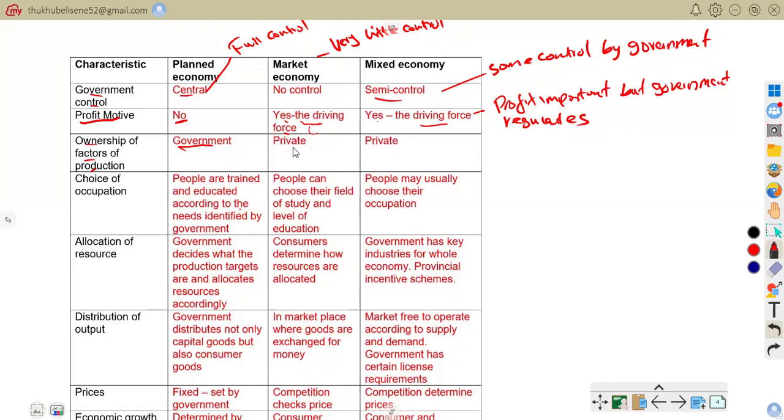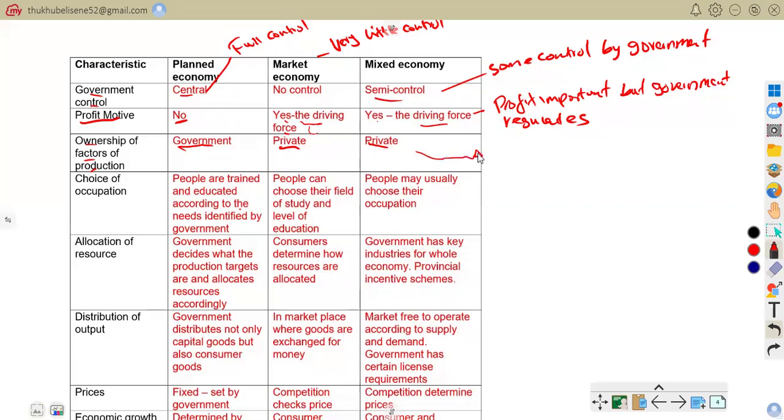But when it comes to market, private individuals own resources. When you talk of ownership, private businesses or private individuals own resources. Even under mixed economy, as it says private, it's supposed to be both government and private own resources.